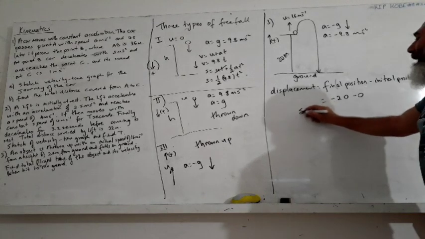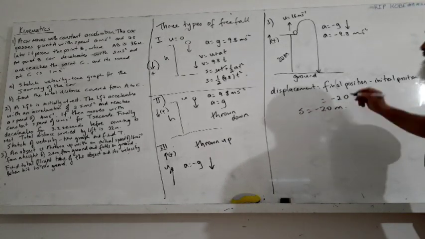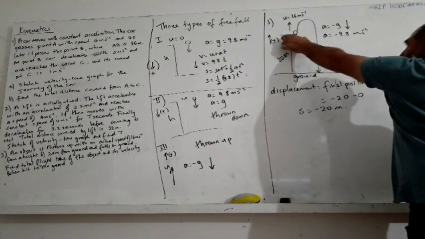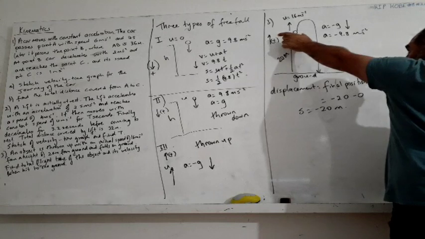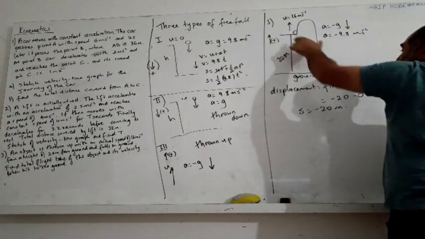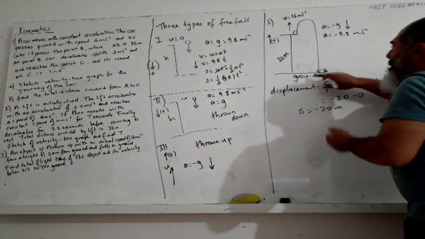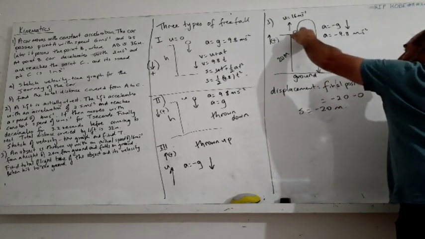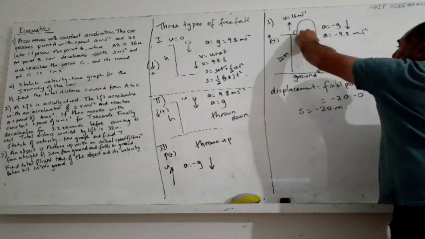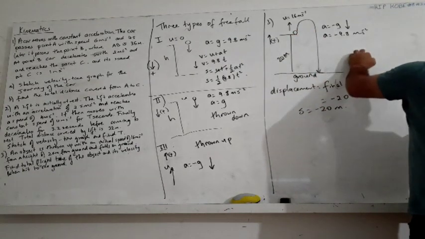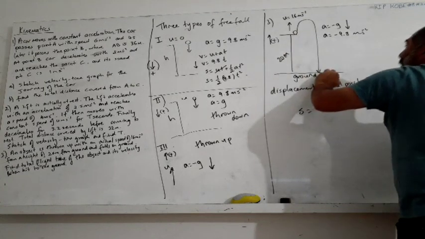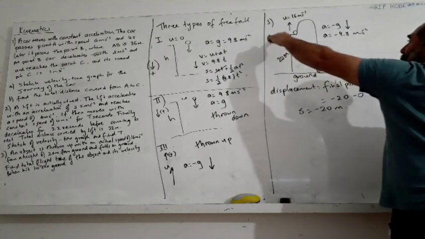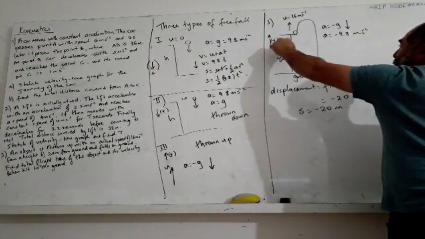It was at 0, it was at the reference point, it was at the initial position, and when you check the final position, it falls 20 meters down, goes down, and in this question, going down is negative. Going up is positive because we choose the direction of the initial motion as our positive direction.